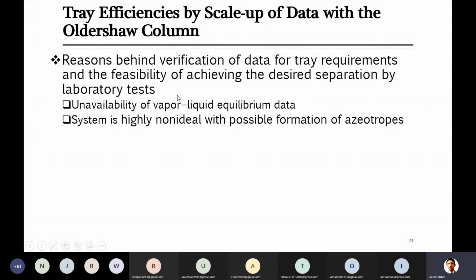When we are looking for efficiency and then the actual number of trays, sometimes there is unavailability of vapor liquid equilibrium data. Although for a number of systems in the data books of chemical engineering, equilibrium data for thousands of components is available, you can find that.